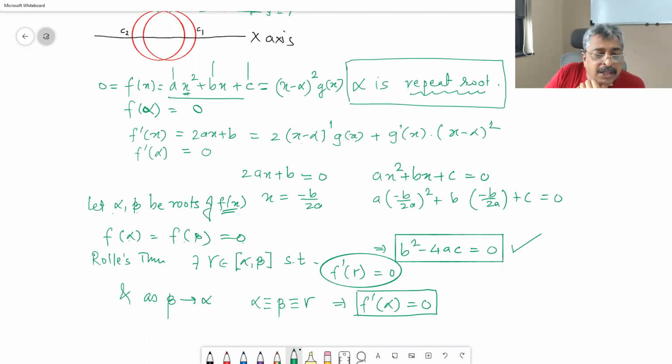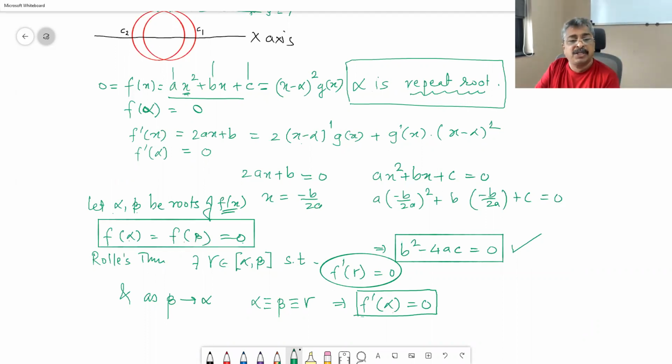This is one condition for repeat root, and f dash of alpha is yet another condition for repeat root, which we are trying to understand by getting b square minus 4ac in case of quadratic equation.